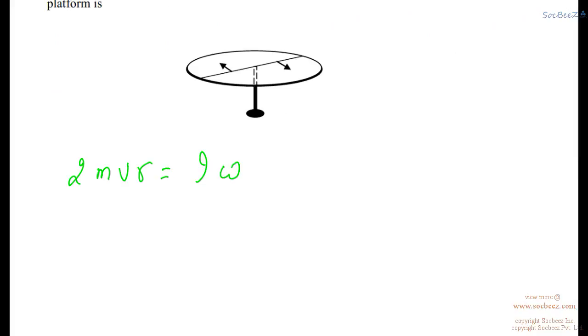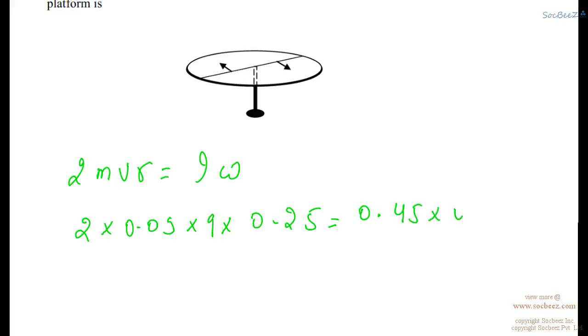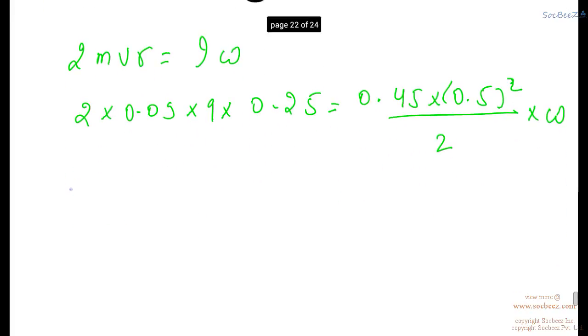here we know that 2mvr equals I omega, since the balls are 2. Therefore 2mvr equals I omega, which comes out to be 2 into 0.05 into 9 into 0.25 equals 0.45 into 0.5 squared upon 2 into omega.